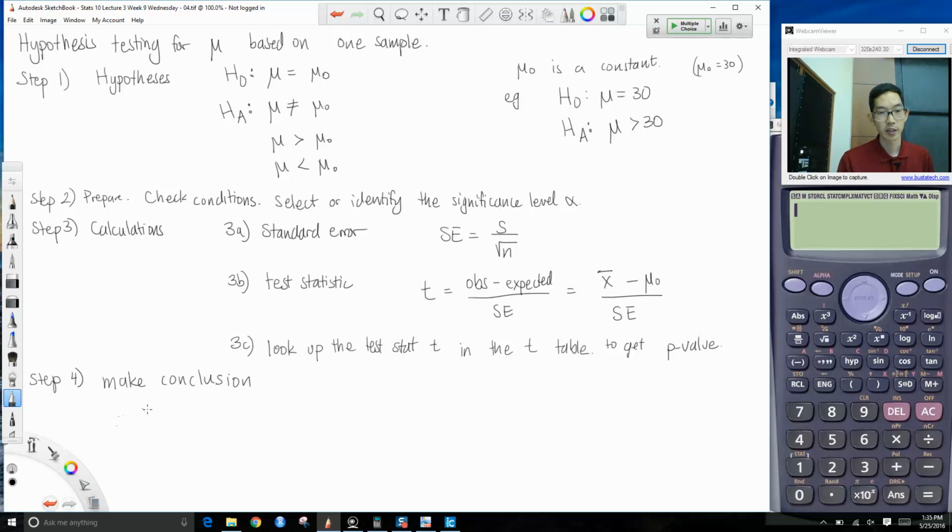Right, and how do our conclusions work? If the p-value is greater than alpha, what do we do? We do not reject the null hypothesis. Again, don't write we accept the null hypothesis.